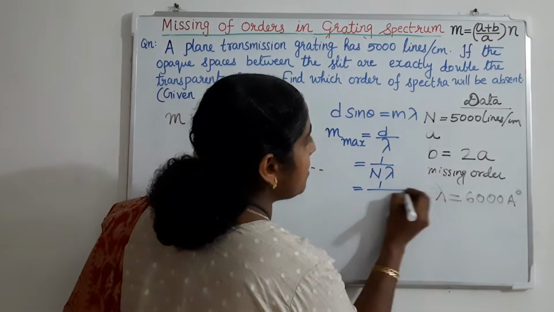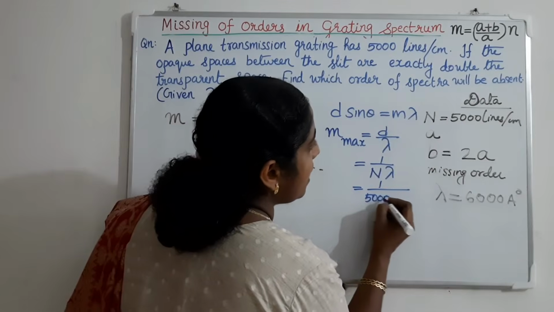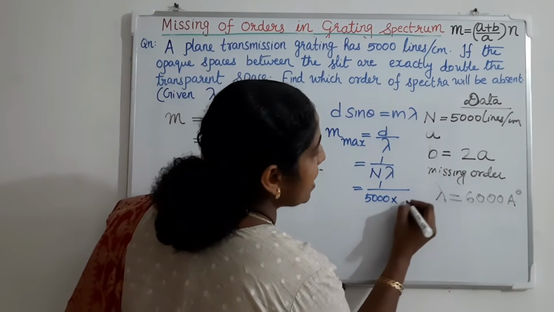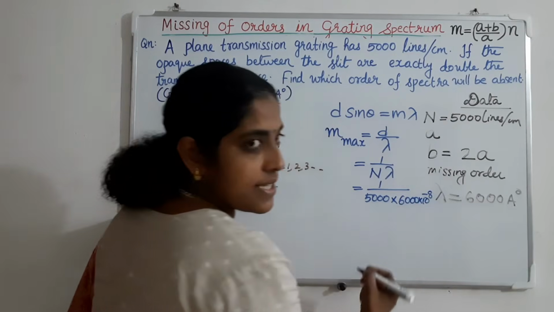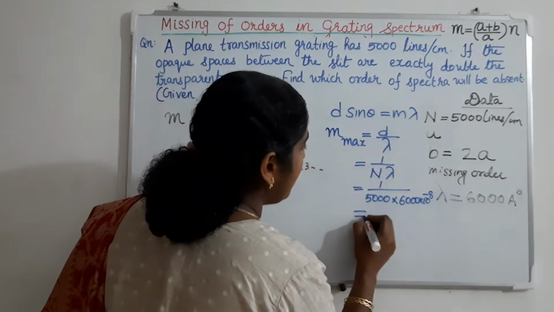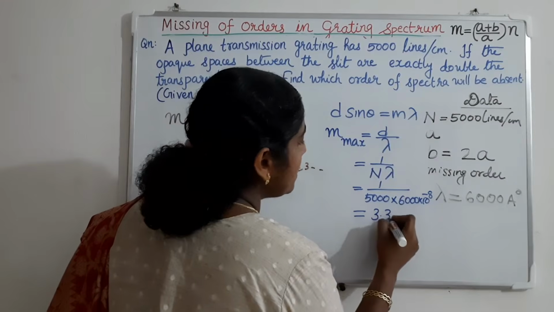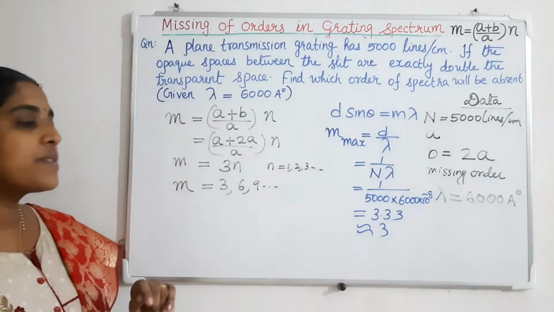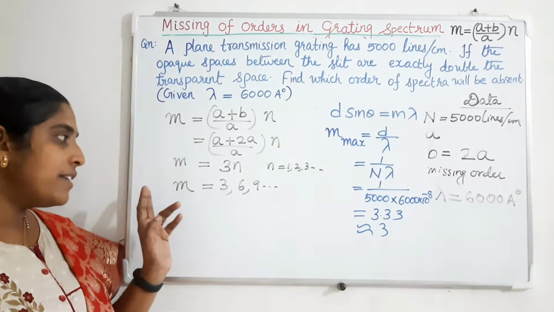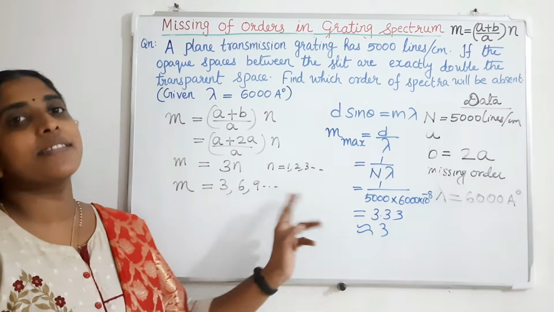So 1 divided by N, which is 5000 lines per centimeter, into lambda, 6000 Armstrong, that is 6000 into 10 raised to minus 8 centimeter. On calculating we get 3.33, that is approximately 3. So the maximum order possible is 3 and the missing orders are 3, 6, 9, etc.